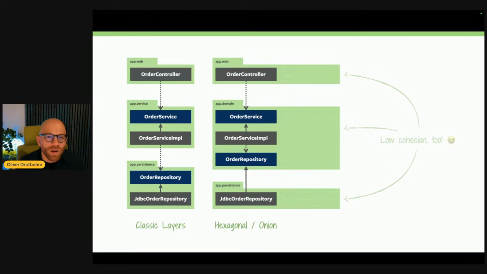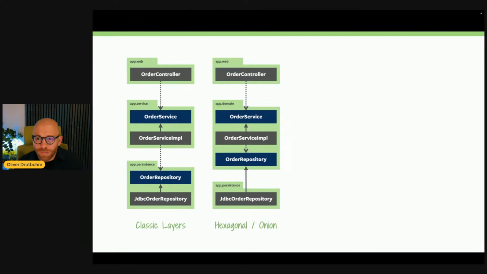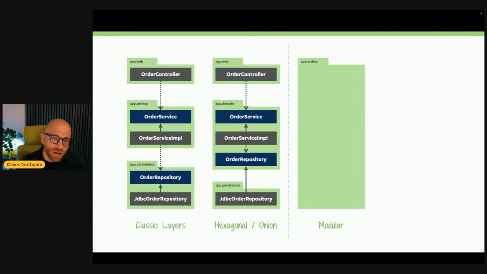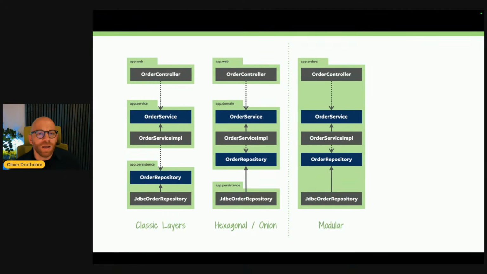So what can we do instead, really? If you think of the onion again, why don't we just start with a business-driven decomposition in the first place, right? So we just say, okay, we have our orders, and we put all of the same arrangement into that orders package.